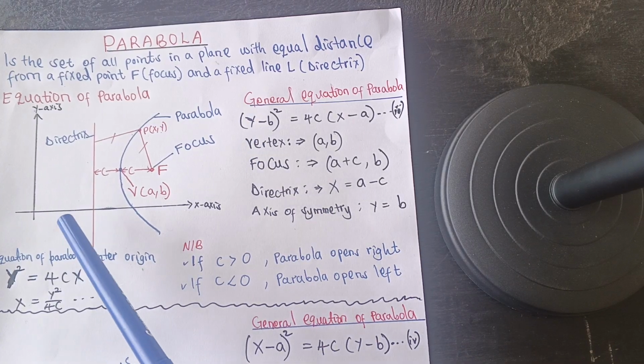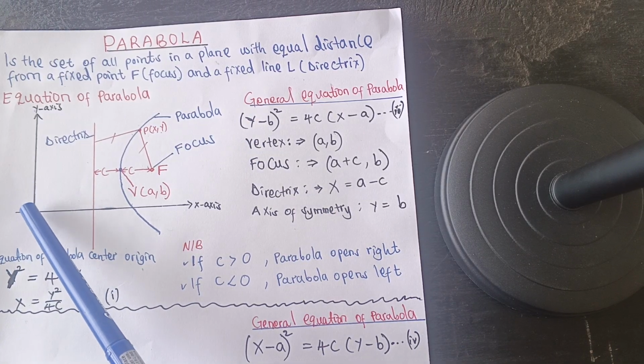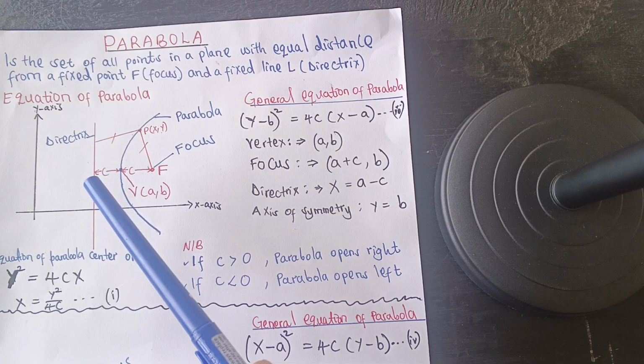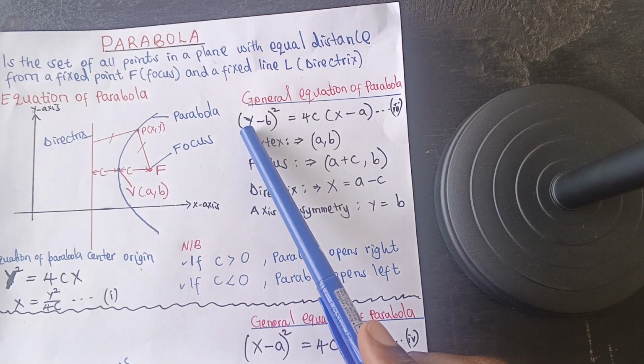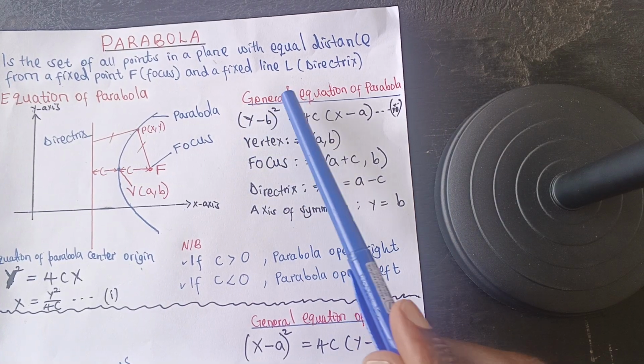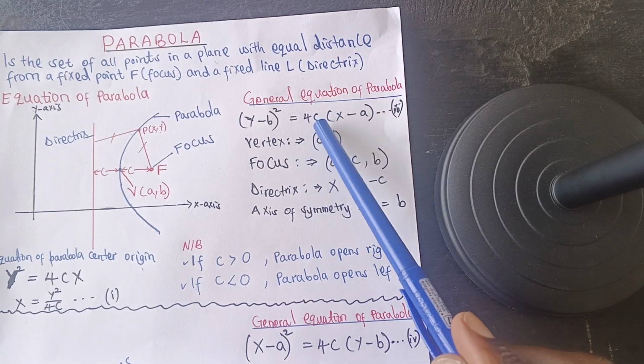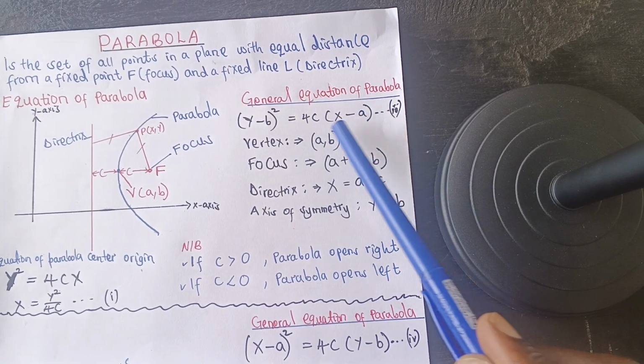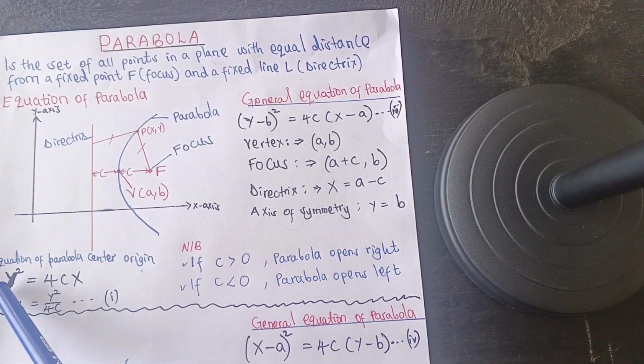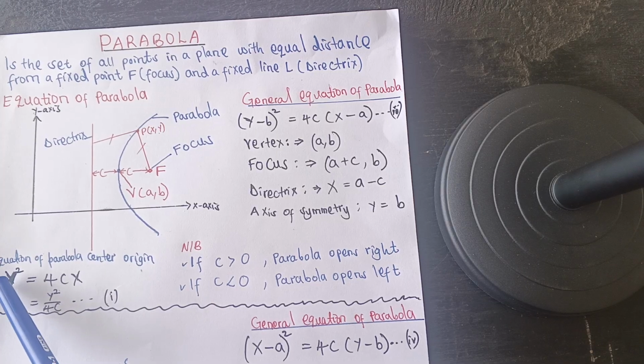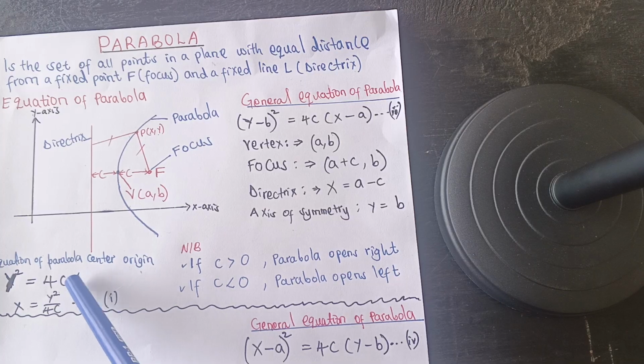If this parabola is moved from the origin, the standard general equation of the parabola is given by y minus b squared is equal to 4c into bracket x minus a.